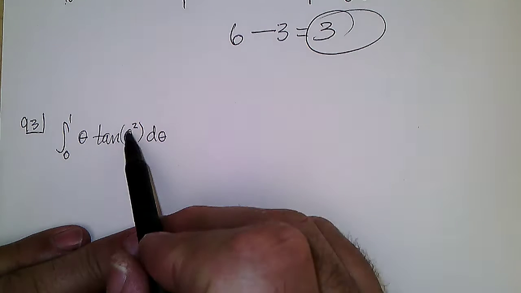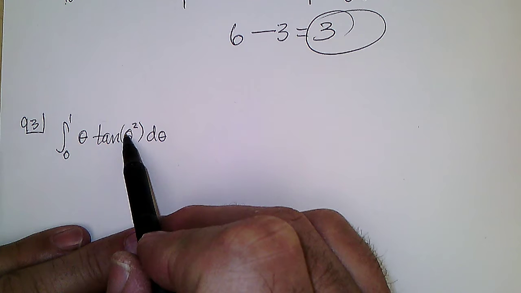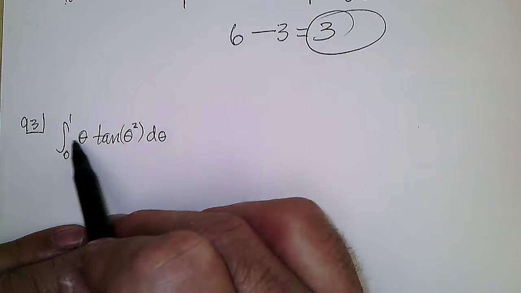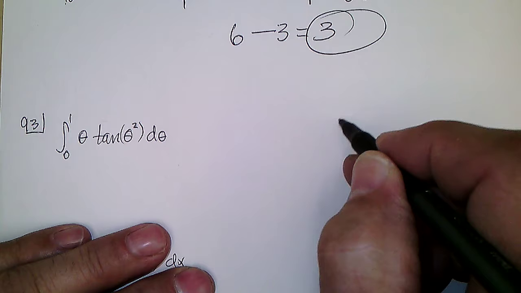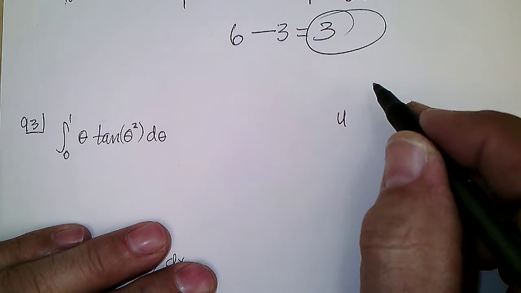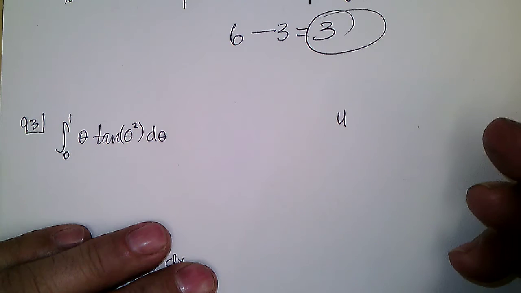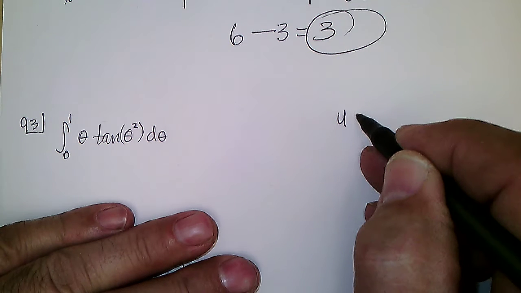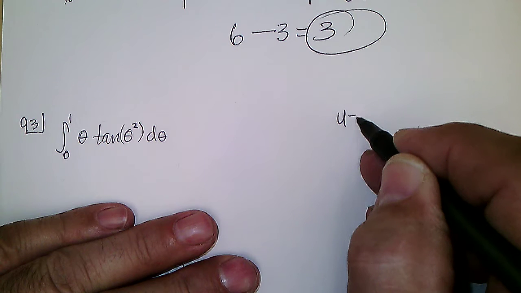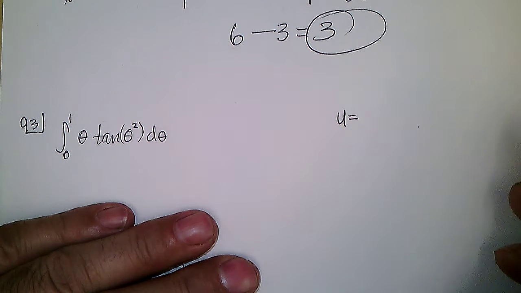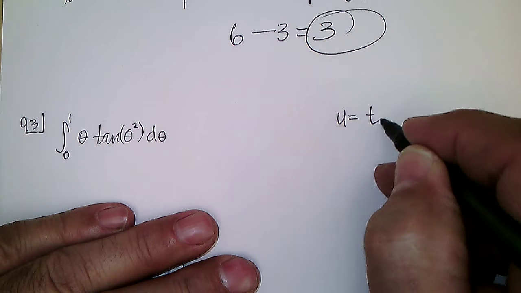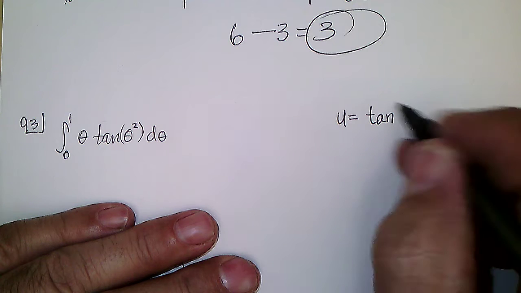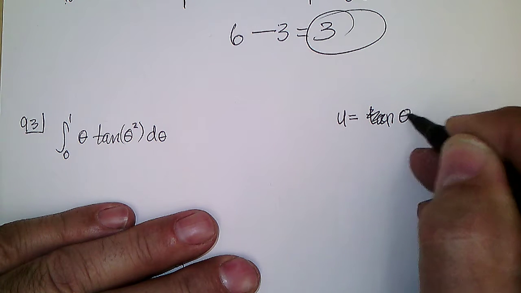93. The derivative of theta squared is 2 theta. That would cancel that, so I'm just going to let u, actually, I'm going to let it be tangent, no, I'm going to let it be theta squared.